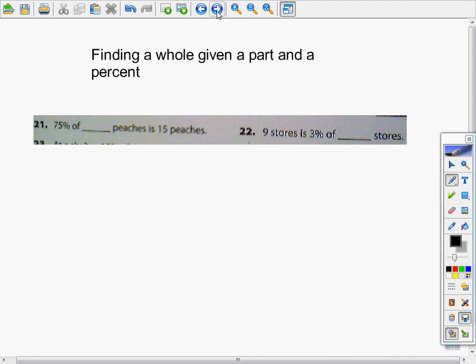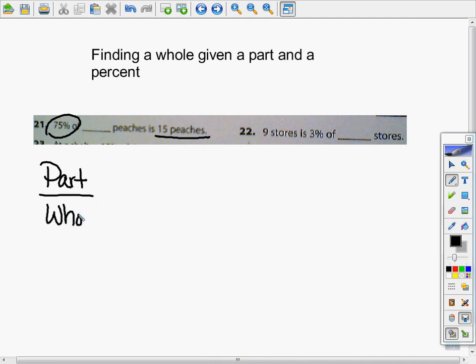So, first things first, we have to identify which part is the part, what part's the percent. So here's my percent. Here's the part, 15 peaches. So what I'm going to do is start a fraction, because we're looking for that part to whole.